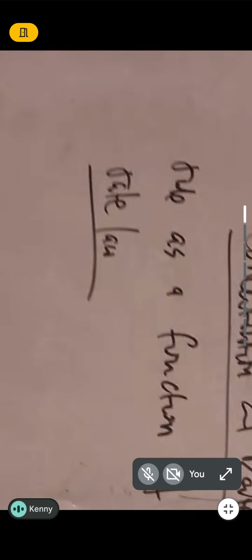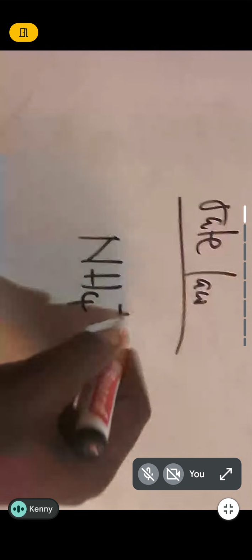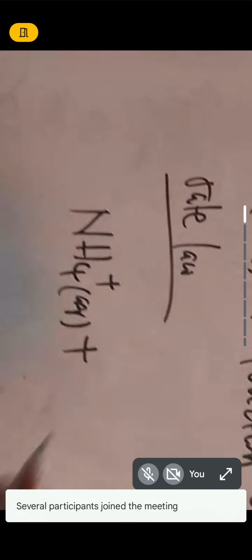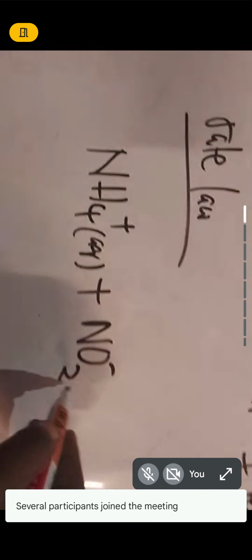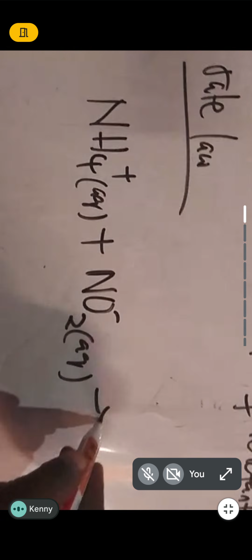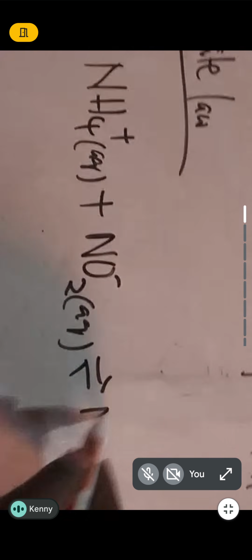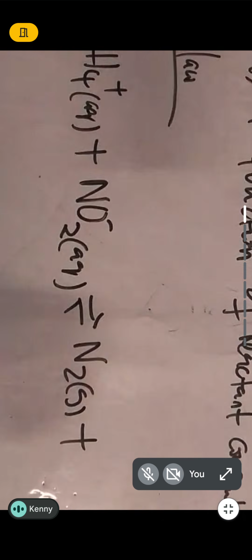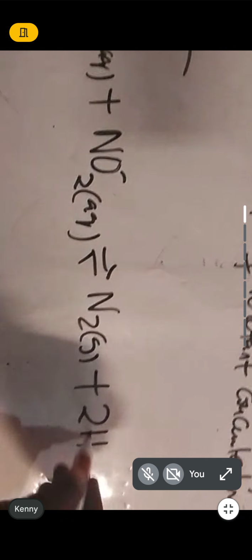So for example, let's look at this reaction: NH4 plus plus NO2 minus gives us N2 gas, then plus water.